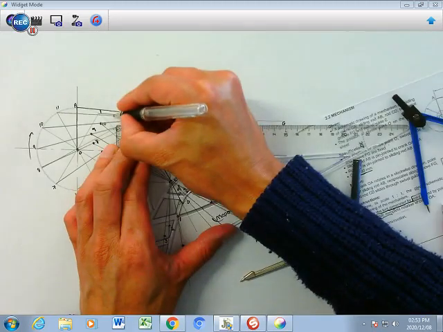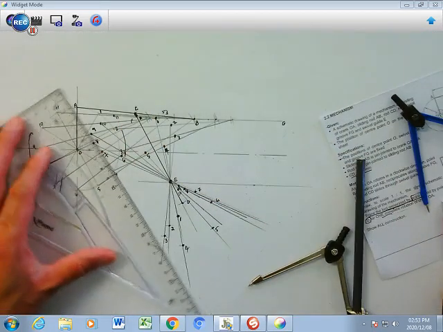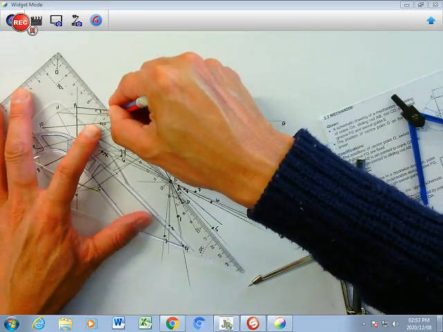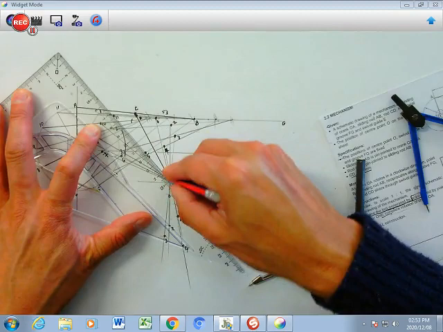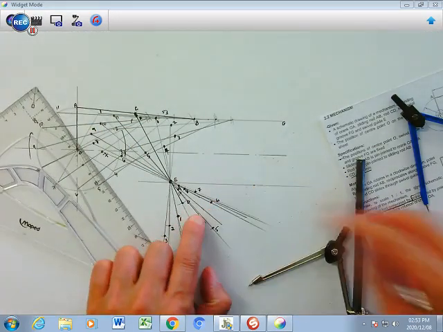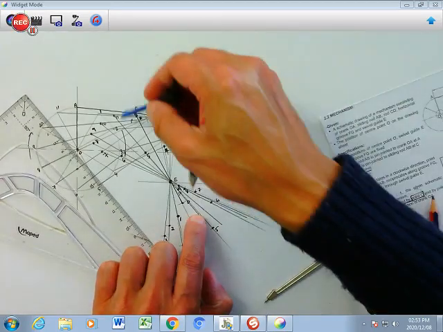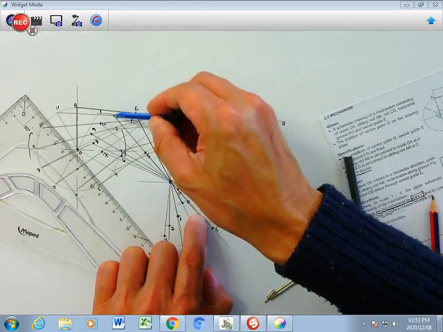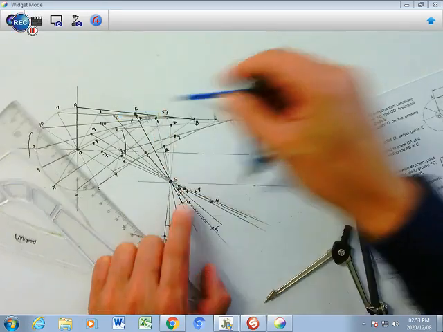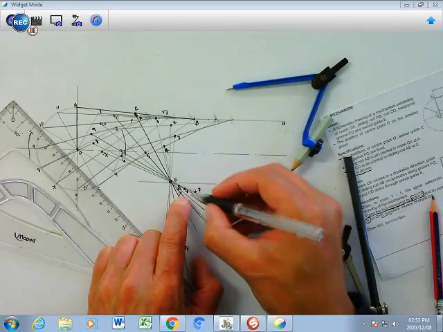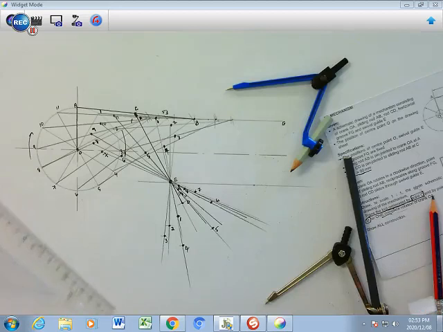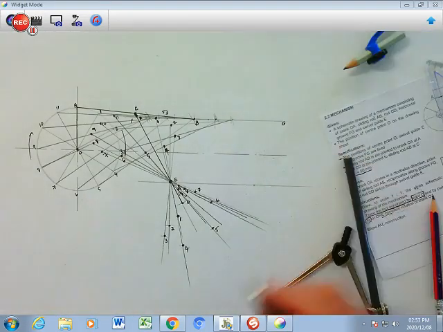I'm going to mark that. That's my 11th point. My 11th point goes through there. 11th point is on there. Take my 90 and 11th point is going to be right here. Okay, and there I've done a lot of points.